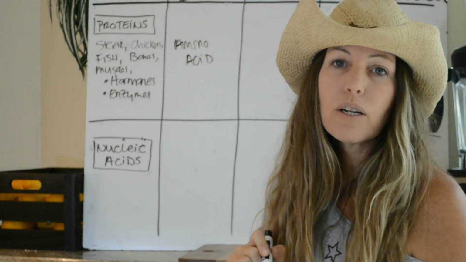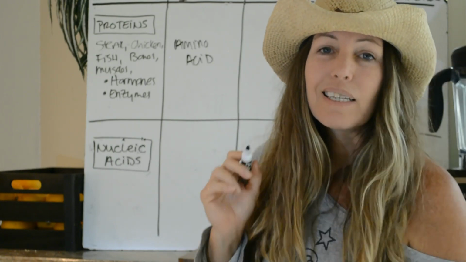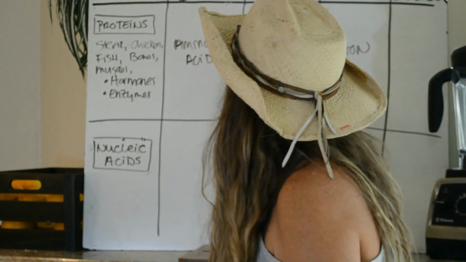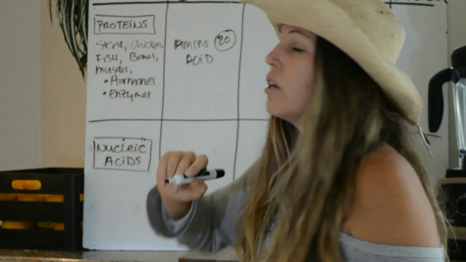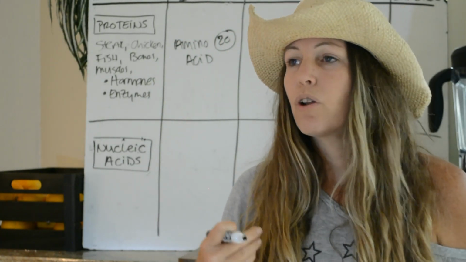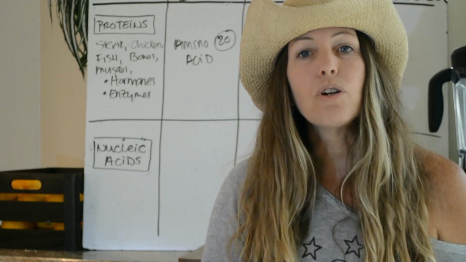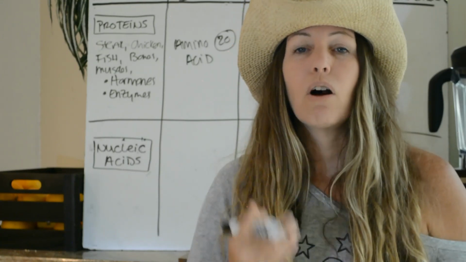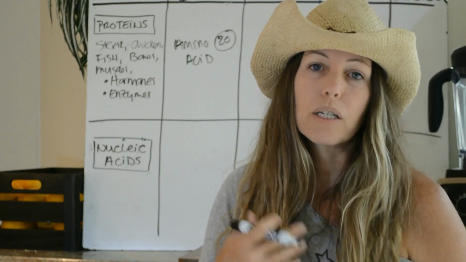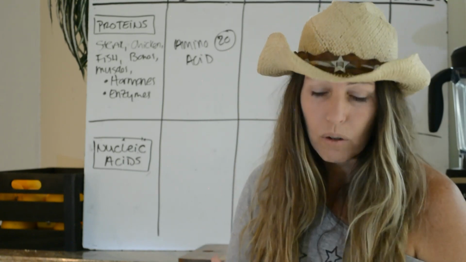Okay, now you guys actually have 20 essential amino acids. So I'm sure you guys have heard of protein bars or protein shakes that advertise, hey, we got 20 amino acids. Well, that's good. That means that you are actually getting all of the protein that you need for your body to repair and heal and build, okay?